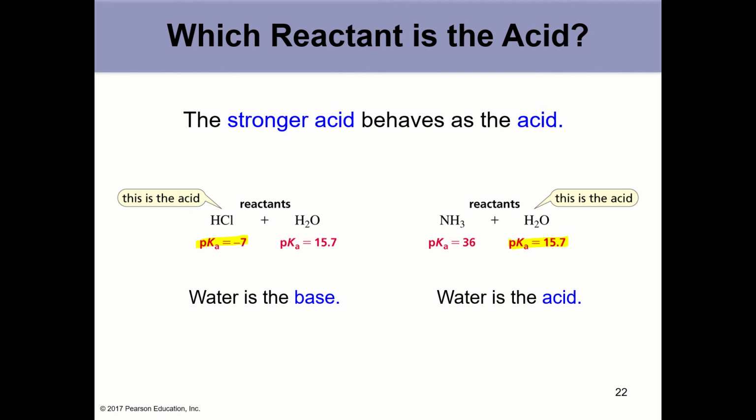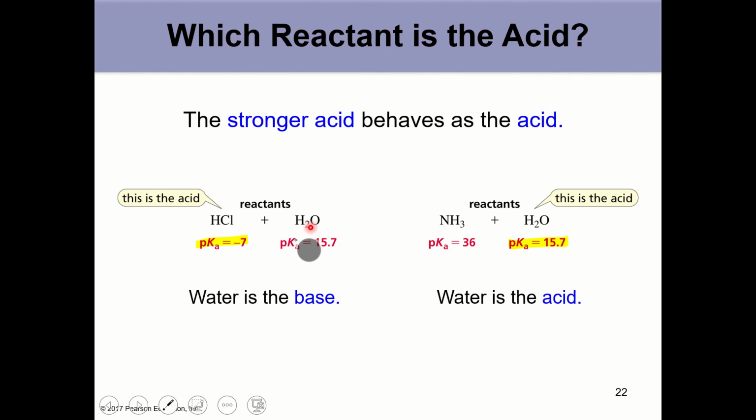So if we have reactants and we need to draw products, we can determine which reactant is the acid by comparing the pKa's. For example, HCl has a pKa of -7, and H2O has a pKa of 15.7.